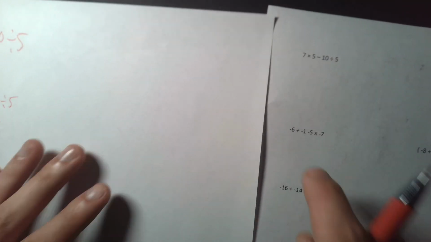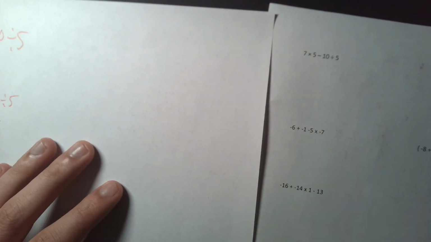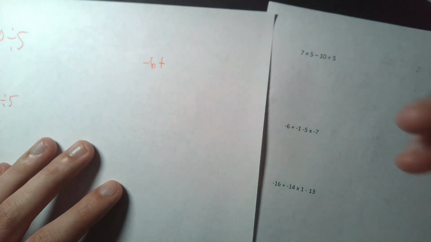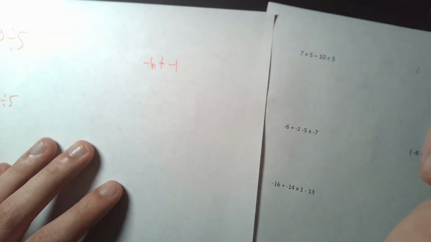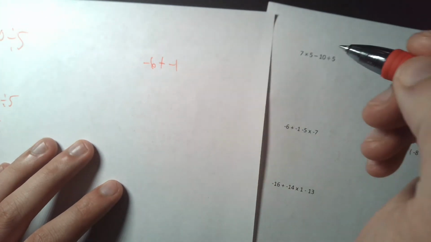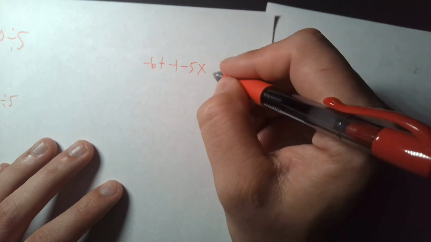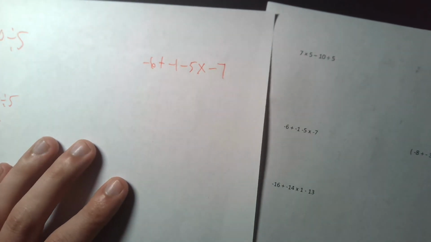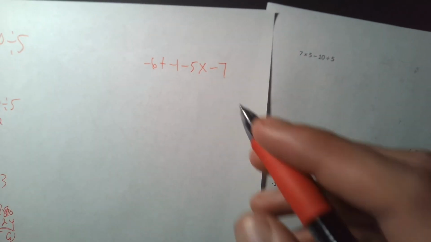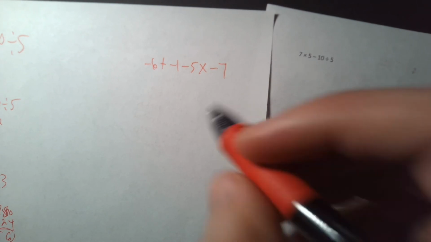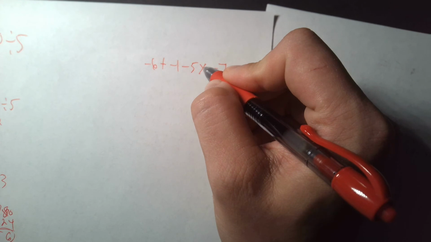Okay, now we got some nasty negatives here. So we've got this one right here. We've got negative 6 plus negative 1 minus 5 times negative 7. Oh boy. So here, again, what I like to do is you have this multiplication symbol here.